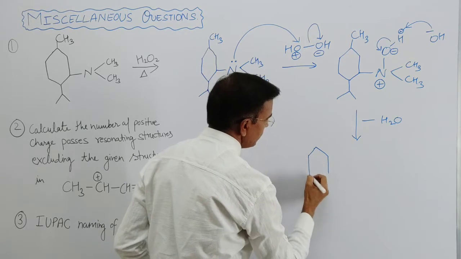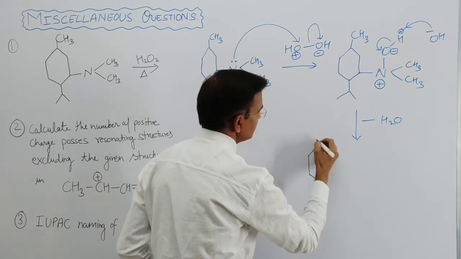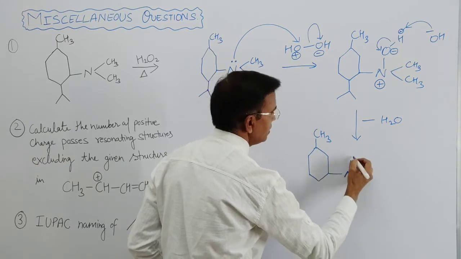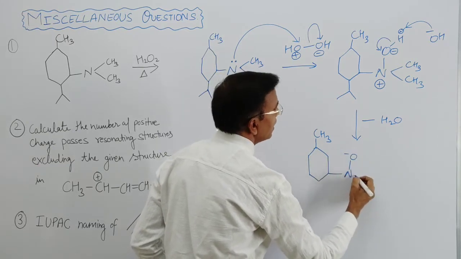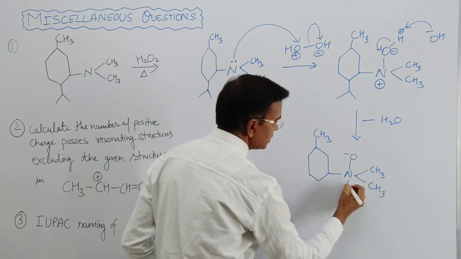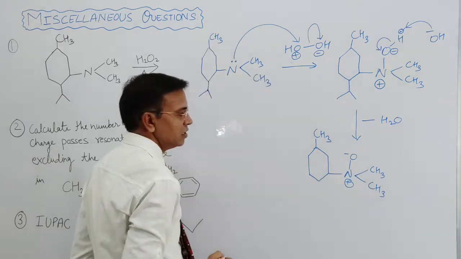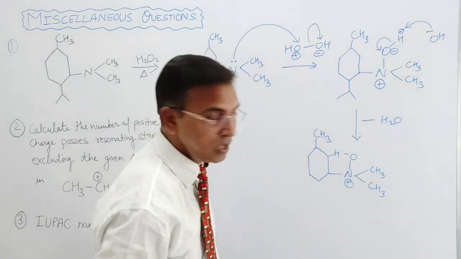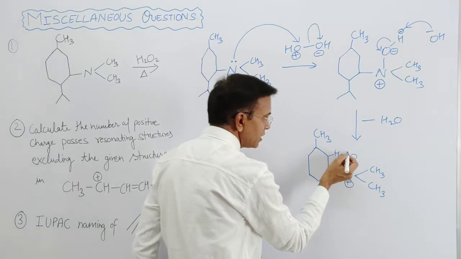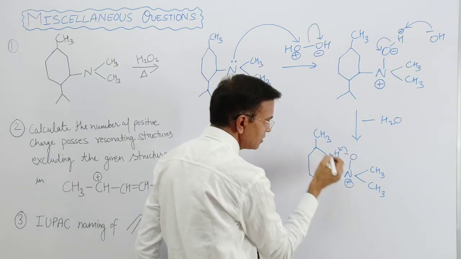So the species formed will be CH3 and O negative, and here are two CH3 groups, and nitrogen possesses a positive charge here. Here is the hydrogen atom which is nearest to this negative species, so it is going to attack on this.